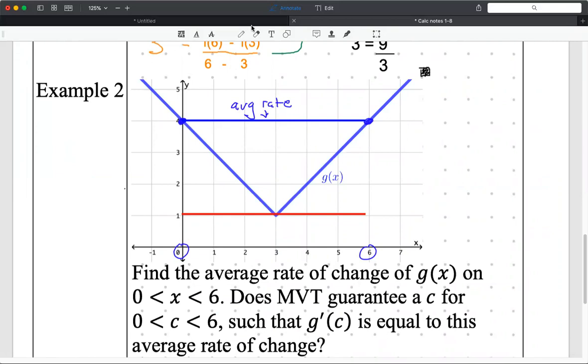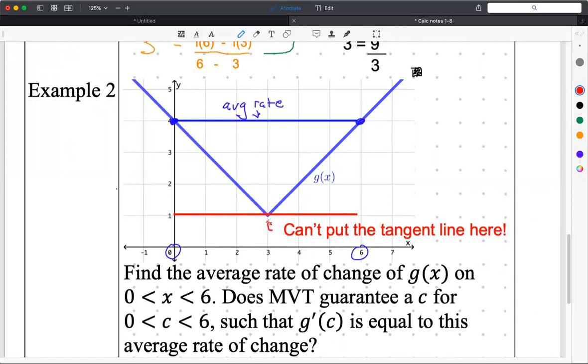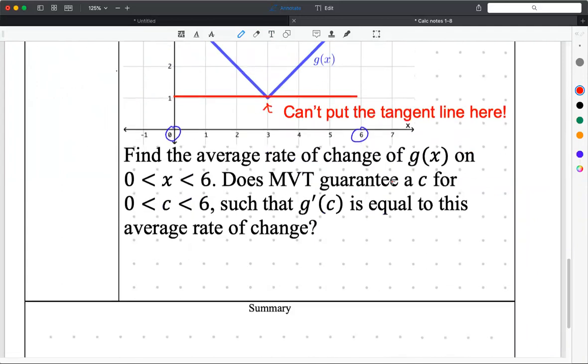And of course, the tablet's not going to work again. So I'm going to go ahead and type here that we can't put the tangent line here. So in short, we can say for our answer, no. Because it's asking, does MVT guarantee that g prime of c is equal to the average rate of change somewhere in that interval?